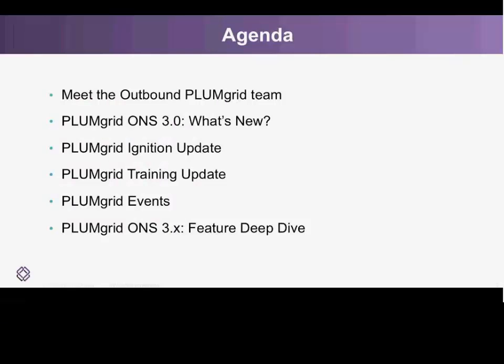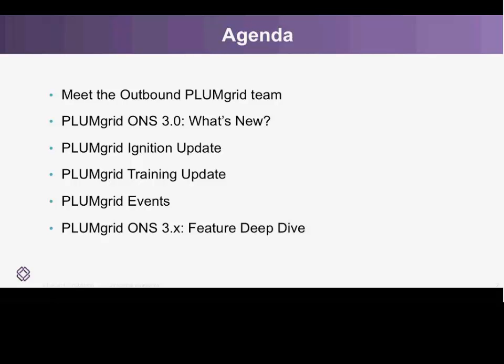Valentina? We're going to start with introducing the Outbound PLUMgrid team, so you have a reference point for all the different activities and responsibilities within the team. We're then going to go into PLUMgrid ONS 3.0 and cover what is new, what we're introducing, and what we're going to be talking about next week during the launch.